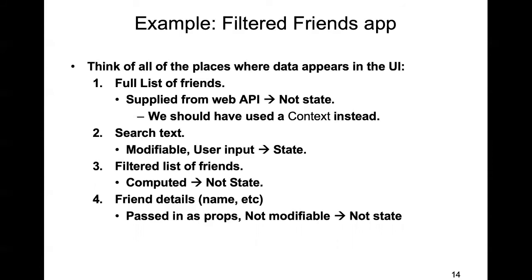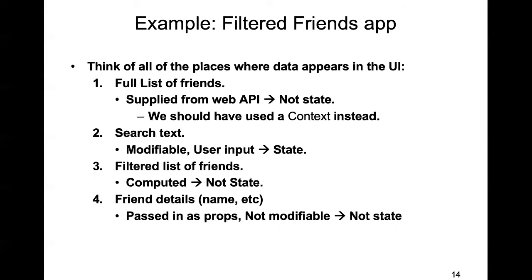Our model data came from the web API, and we've already said you shouldn't store that as state, even though I did store it as state, but I've already explained why I had to. Number 2, the search box or the search text, that's data, but it's modifiable, so it's very much a candidate for UI state. Number 3, the filtered list of friends, that's actually computed, and anything that's computed should not be stored in UI state.